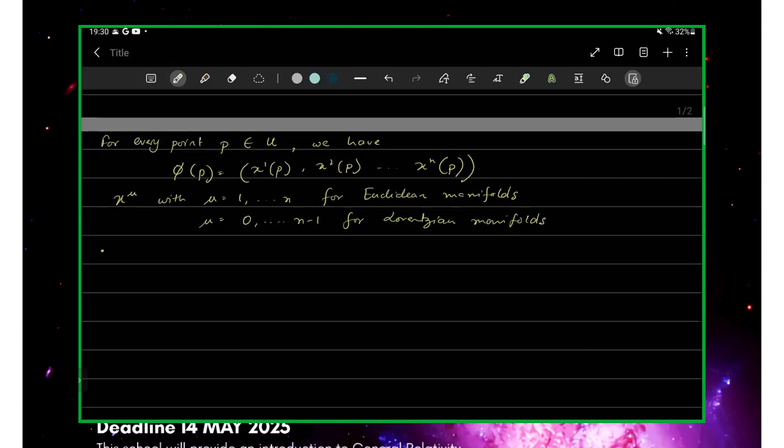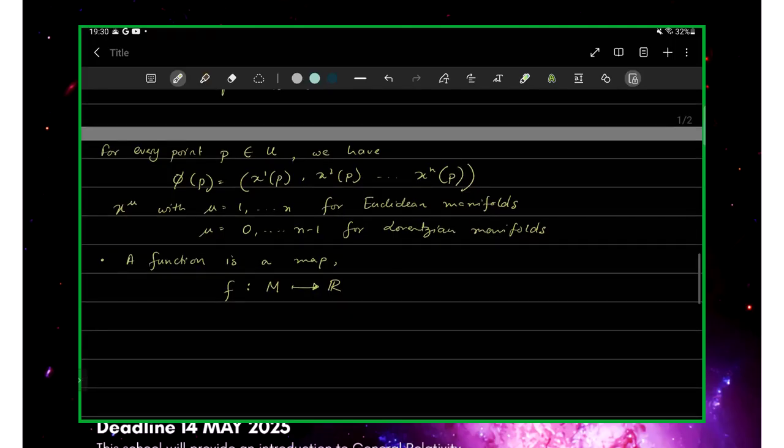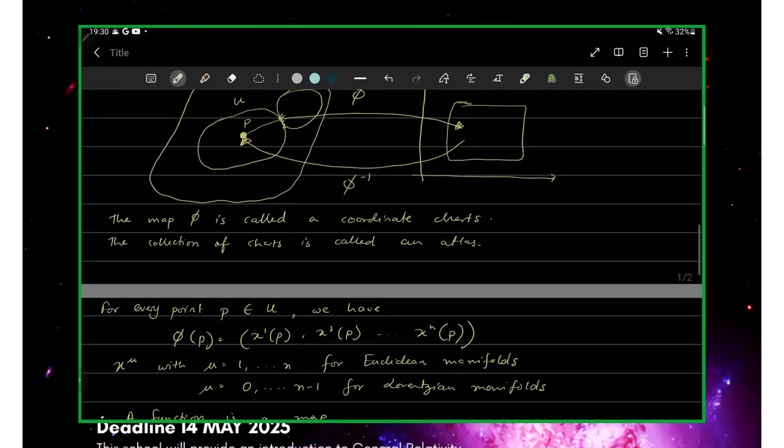So in that idea, we can define a function on a manifold in the following way. A function is a map where we take points from M and land them in R. Okay, what this basically means is that it essentially assigns a real number to each point on the manifold, right? Meaning that you would take any point P and plug that in the machine, which is the function.